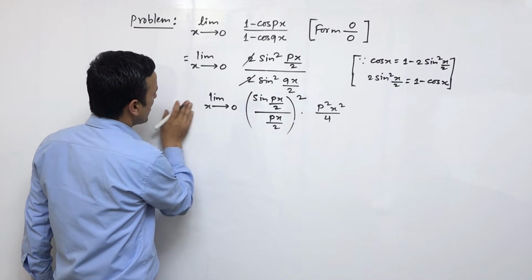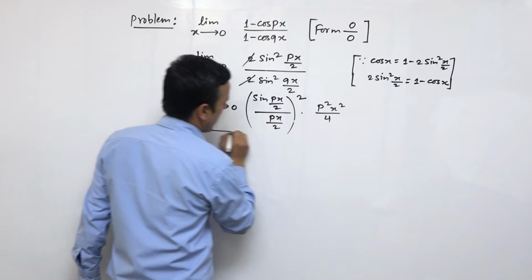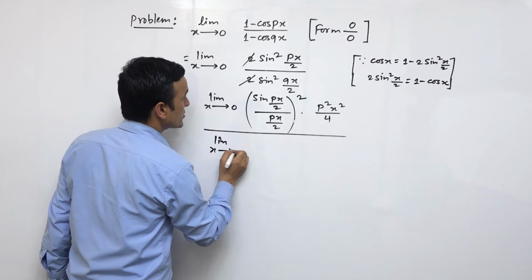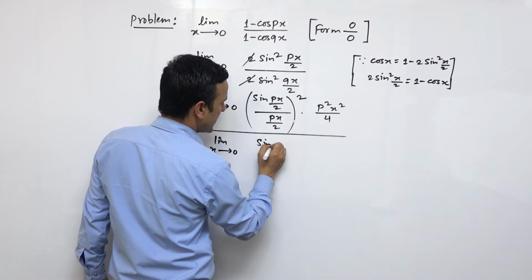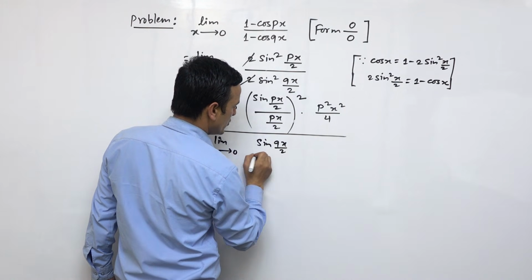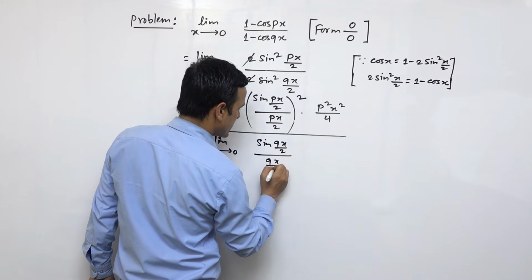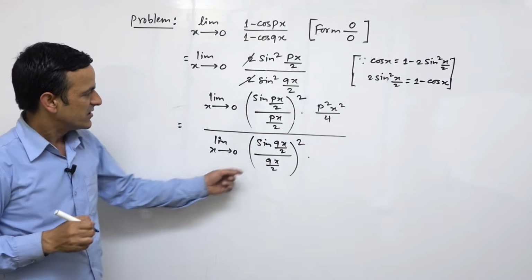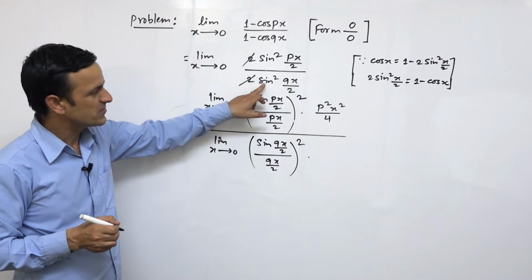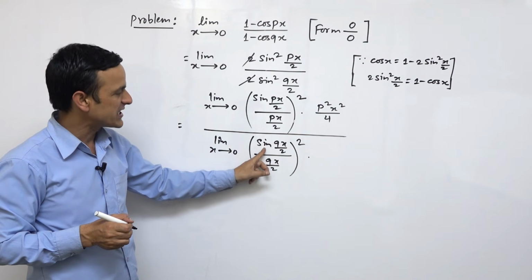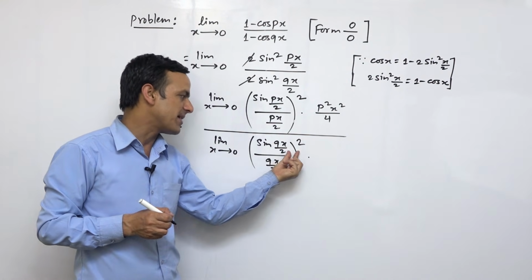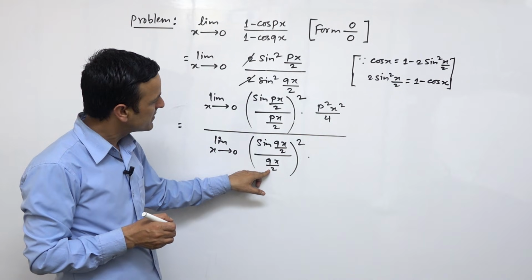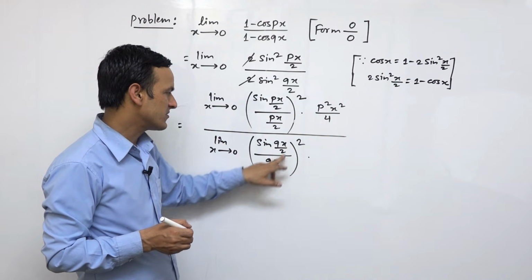And now here limit x tends to 0 sin qx divided by 2 divided by qx divided by 2. So this is the another formula. In this way we can arrange this setup also. So setting like this: sin theta means qx by 2, and this is also theta. So theta theta repeat हुनु पर्छ, यो सेम हुनु पर्छ.